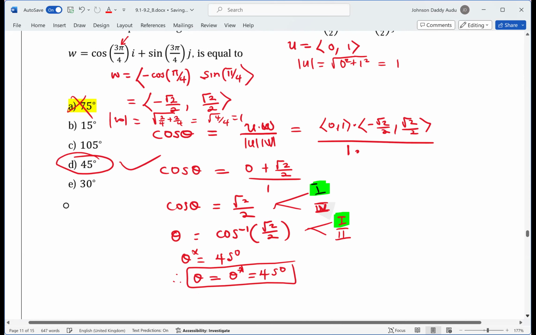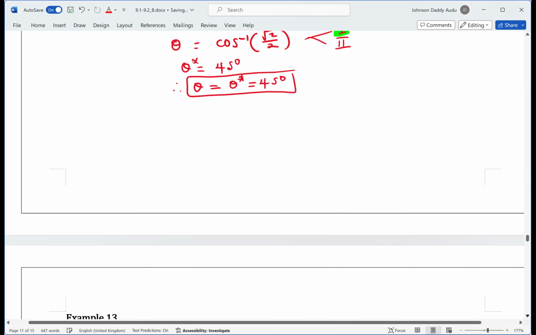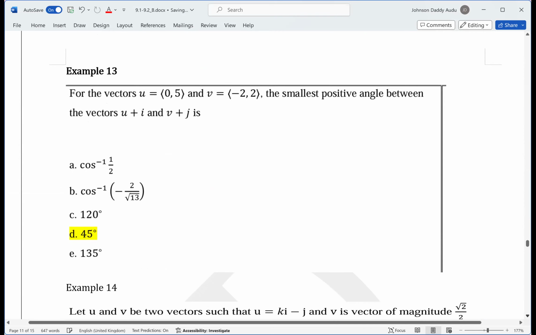Okay, so let's go to the next question. It says we should find the smallest angle. So we're looking for the smallest angle between which vectors? Between these two vectors, u plus i. So what is u plus i?